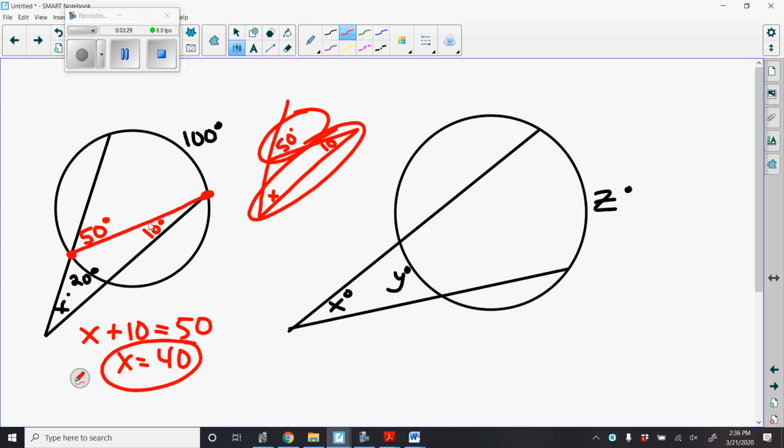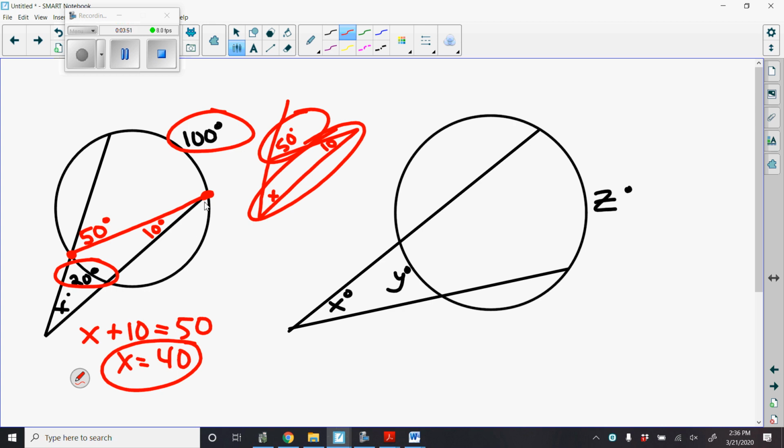Okay, but the question is, how can I get that 40 without drawing in this line and finding these? How does 40 relate to those original bends of 20 and 100? Right, when the problem was first written, I had 100 here and 20 here.